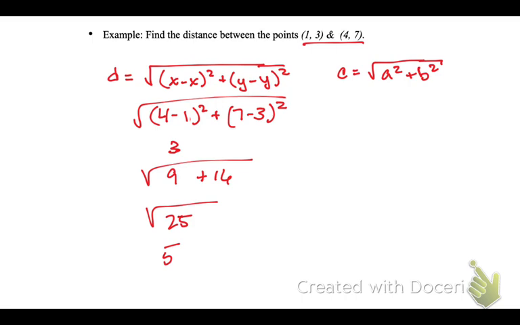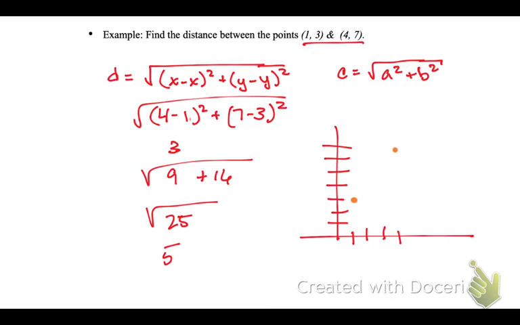Okay, so if I were to plot these points, at 1, 3, I have a point, and at 4, 7, I have a point.